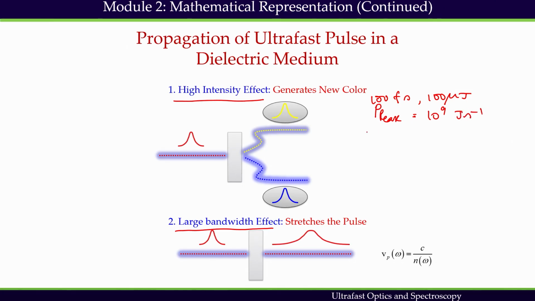And if it is focused to, let's say, a 200 micron diameter spot size, then what I get is the peak intensity at the point where it is focused. That peak intensity is going to be almost 10 to the power 13 watt per centimeter square.